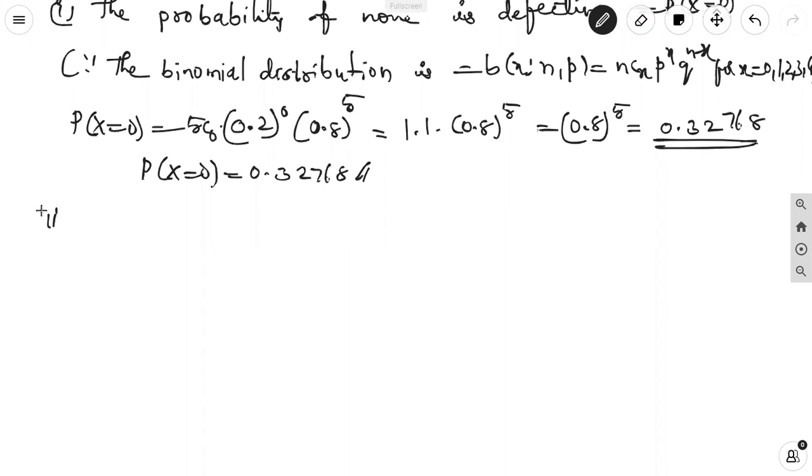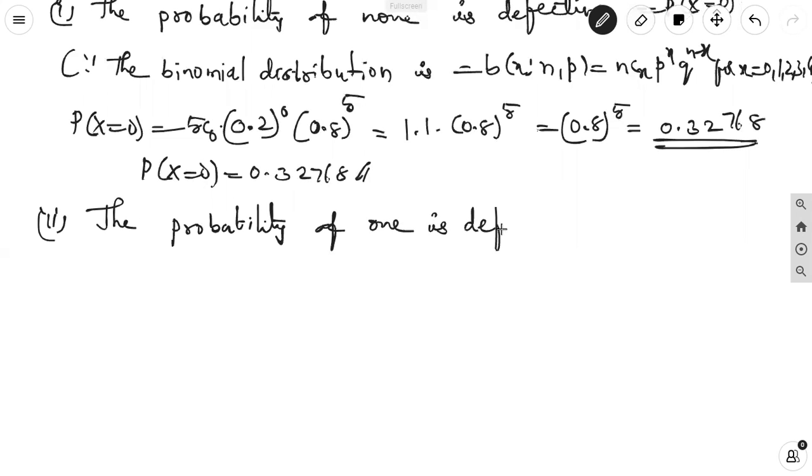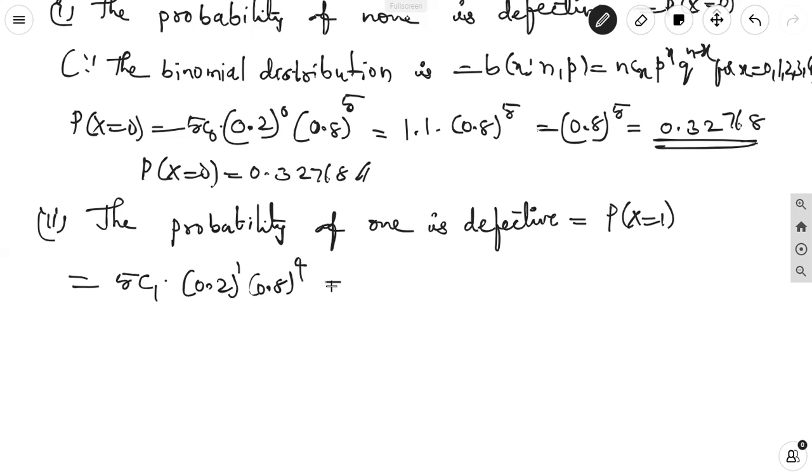The second case is the probability of getting 1 defective. 1 defective means we are taking probability of x equal to 1. It is equal to 5C1 0.2 whole power 1, 0.8 power 5 minus 1 is equal to 4.